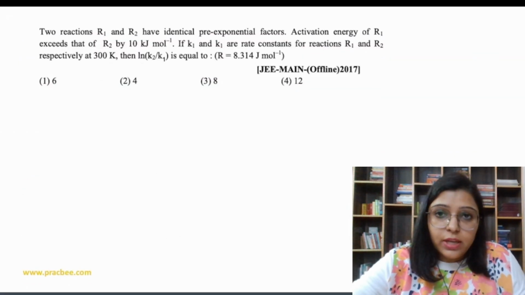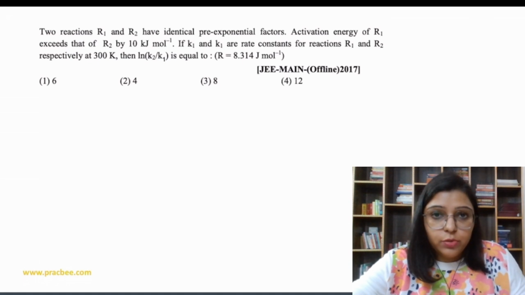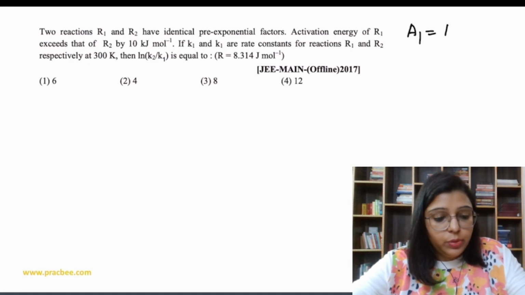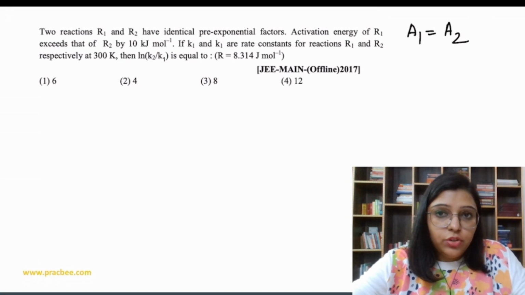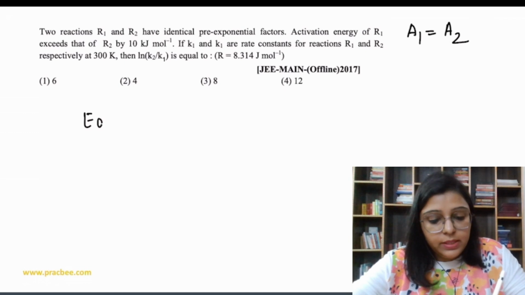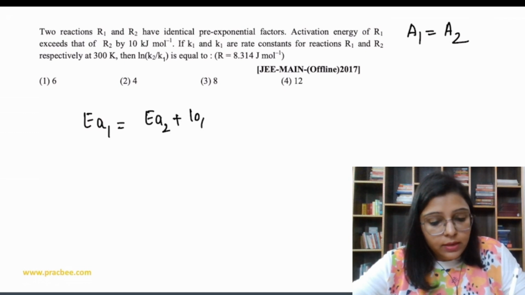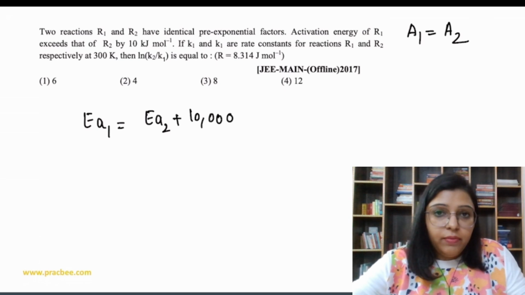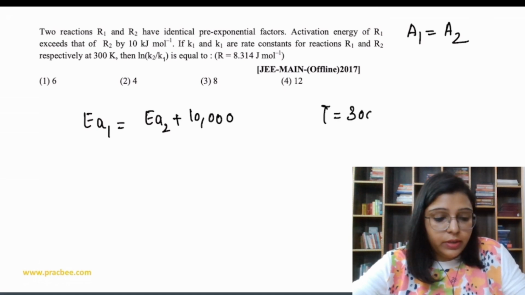Two reactions R1 and R2 have identical pre-exponential factors. It means A1 is equal to A2. The activation energy of R1 exceeds that of R2 by 10 kilojoule per mole. It means Ea1 is equal to Ea2 plus 10,000. If K1 and K2 are rate constants for reactions R1 and R2 respectively at 300 Kelvin, the temperature is 300 Kelvin.